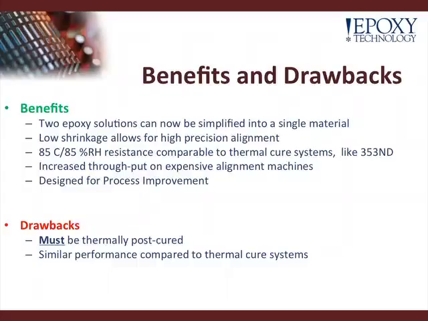Additionally, this can substantially increase throughputs on expensive alignment machines. One of the original development projects for the UV hybrid systems was a multi-million-dollar machine, where the customer could only keep parts on it for 10 seconds maximum. 30-minute curing on this machine would have been just absolutely prohibitive.